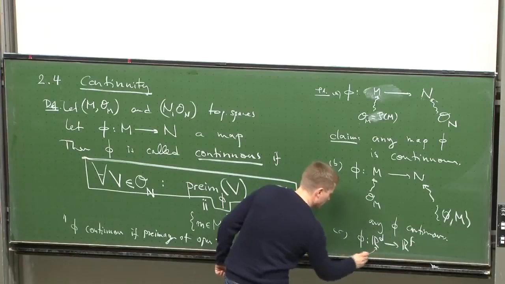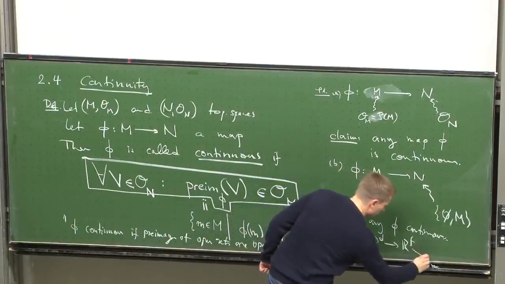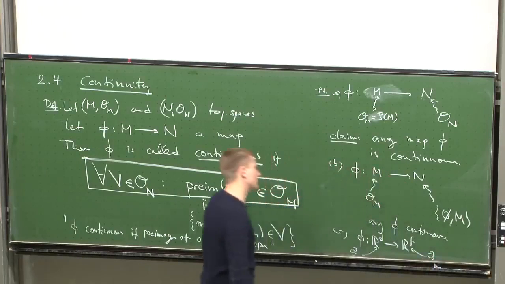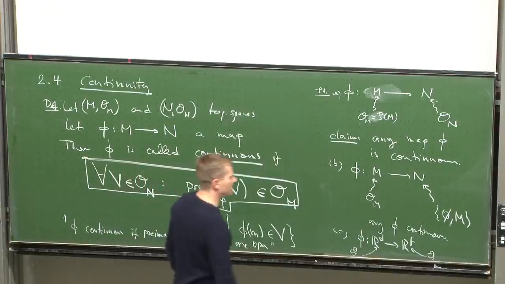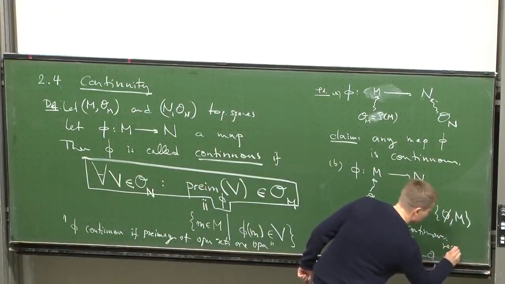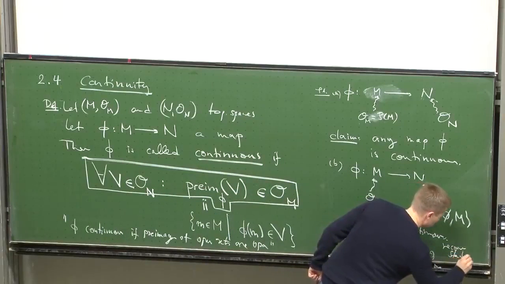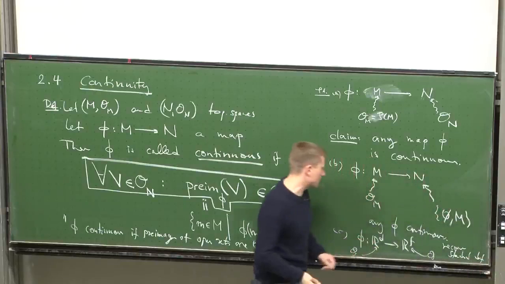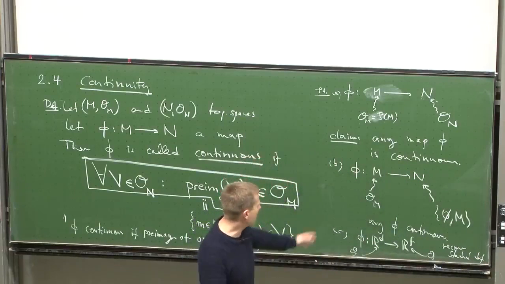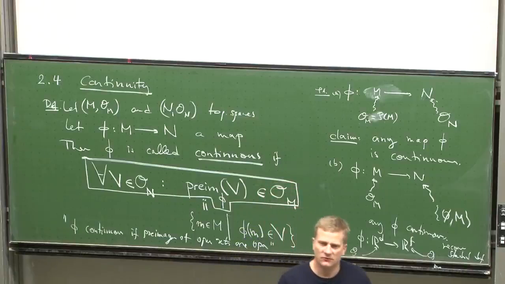You equip both of them with the standard topology, and you recover the standard definition of continuity for maps from R^d to R^f. So for every epsilon greater than 0, there exists a delta greater than 0, such that for all x minus y, and so on.